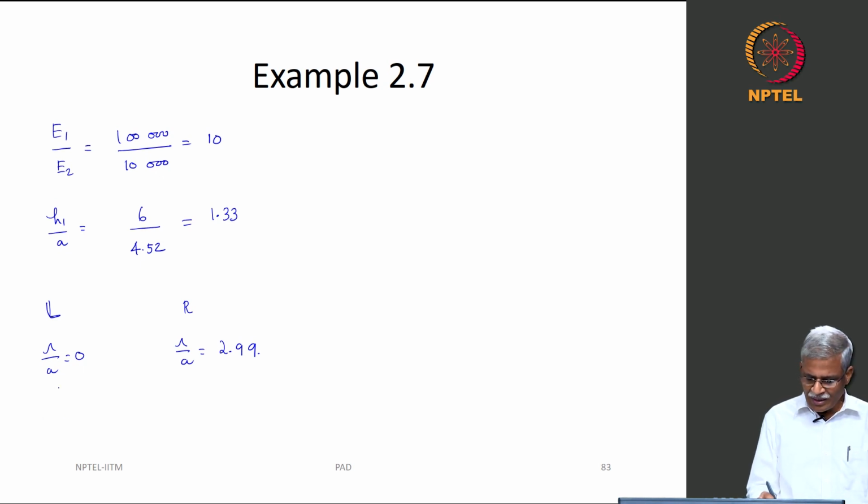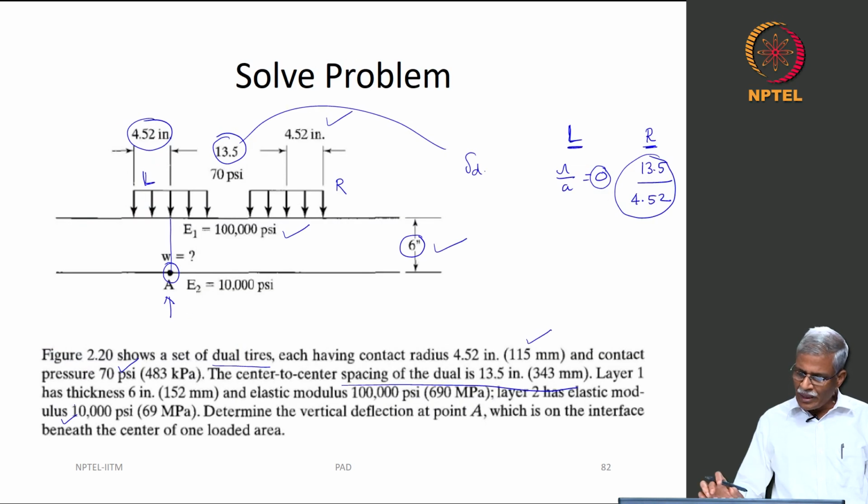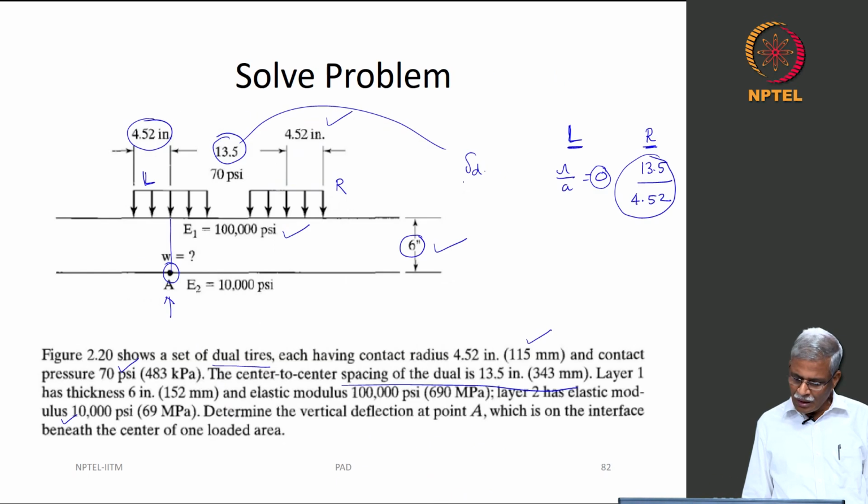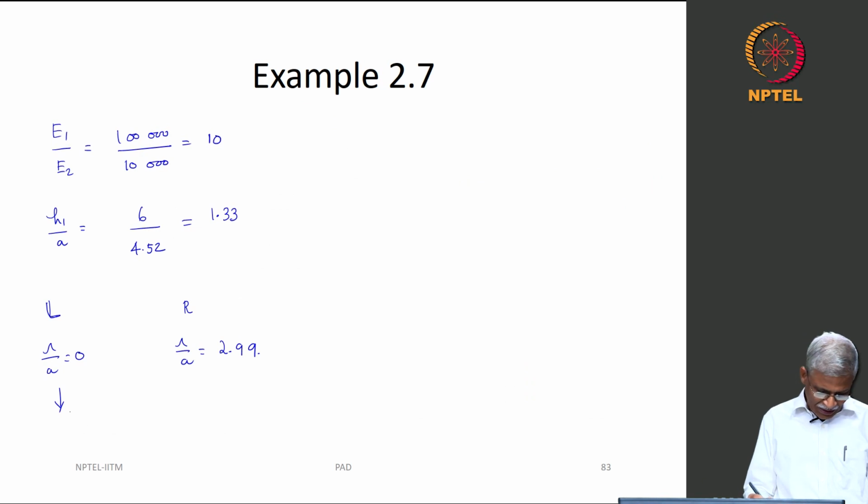So, now what will really happen? The deflection factor for this case. You know what H1 by A is here, and you know what R by A is. So, what you really need to do is to find out the interface's deflection factor.